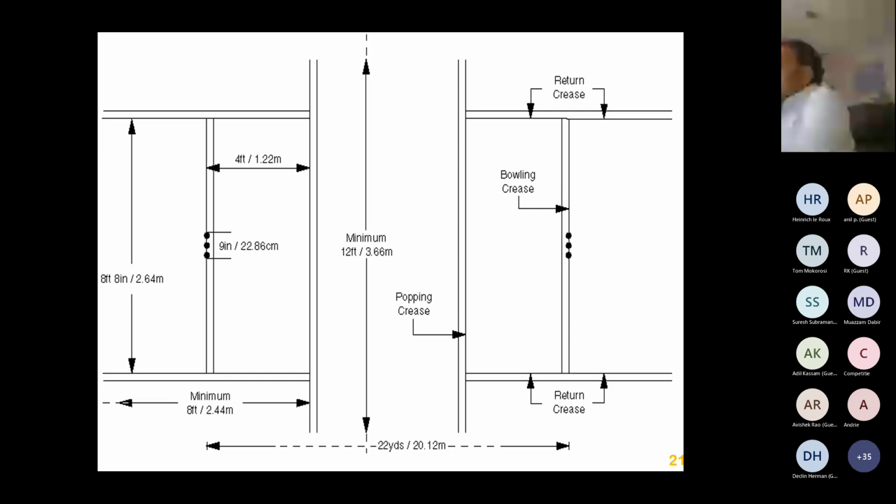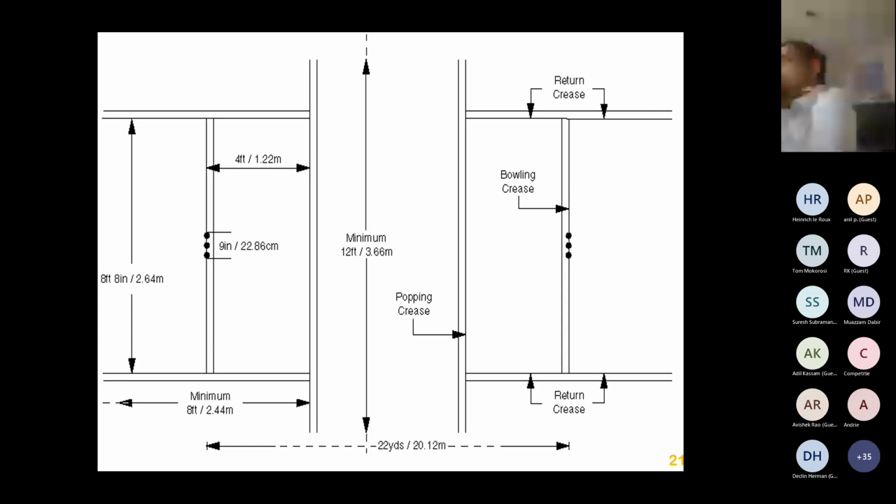Just to recap, in the exam, when it comes to measurements, look at where the arrow starts and where it ends. If you look at the bowling crease, you'll see the arrow starts at the inside edge of the return crease on one side and ends at the inside edge of the return crease on the other side. So they're looking for the full measurement of the bowling crease.